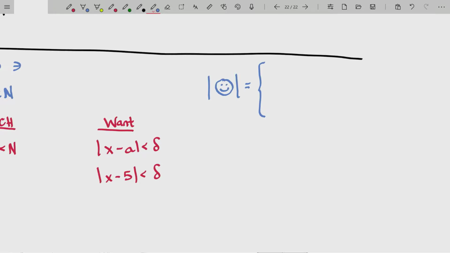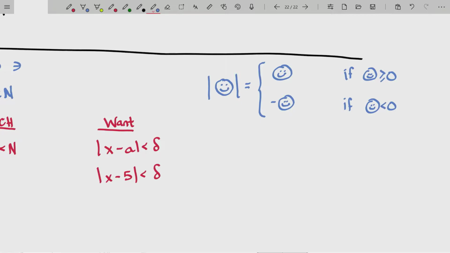The absolute value of something, if that something was already positive or non-negative, there's no need to have the absolute value. You could just say, great, that's just some non-negative thing. However, if that object was actually negative, then you need the opposite of that object. Because if it's negative, the absolute value is going to force it to be positive by throwing a negative in front of it. A negative times a negative is now positive.